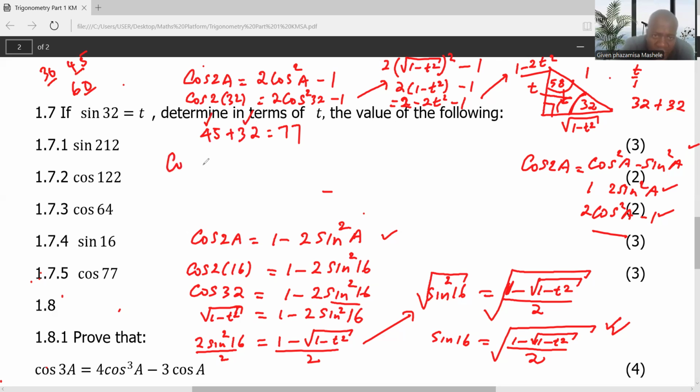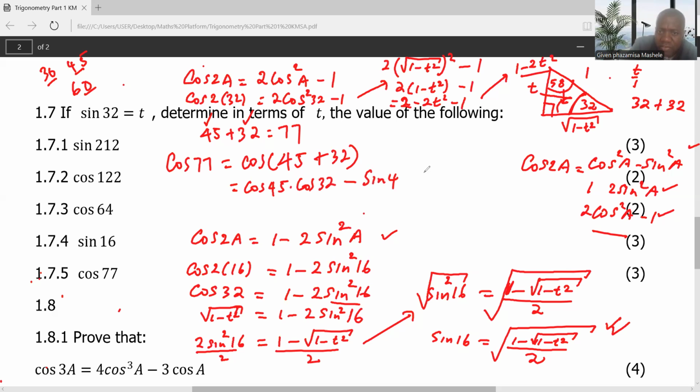So cos 77 is the same as cos of 45 plus 32. So I've written this as a compound angle for cos. And we know the compound angle for cos, it's cos cos, sin sin. So this becomes cos 45 cos 32 minus sin 45 sin 32.